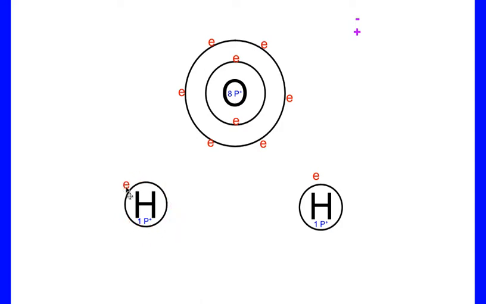So the electron goes around the hydrogen, and then it comes up here and it goes around the oxygen. And then it comes back and it goes around the hydrogen. And then it goes around the oxygen. And it keeps doing that over and over again forever as long as that water exists.